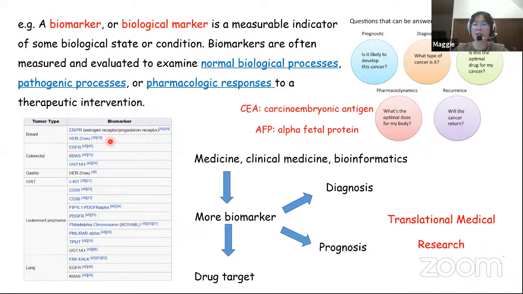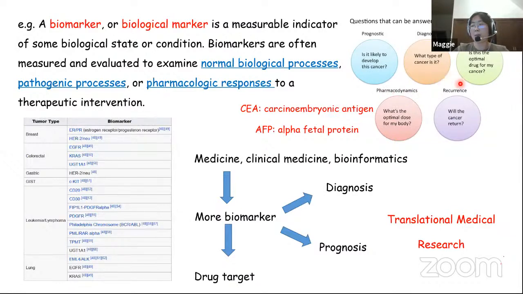These three biomarkers are very common for breast cancer prognosis. And also for colorectal cancer, EGFR and KRAS are popular biomarkers for the prognosis of colon cancer. So these biomarkers are for the prognosis and diagnosis of disease.